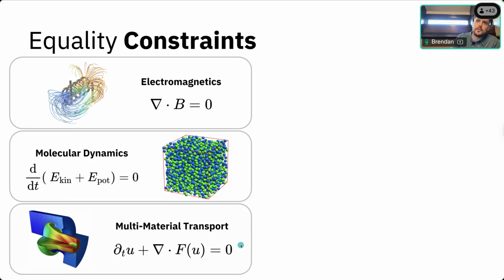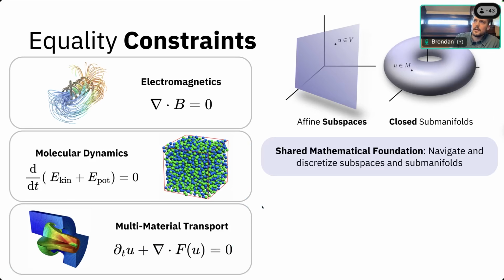But in each of these different problems or classes of problems, and there are many more, we're enforcing some sort of equality condition or equality constraint. From the very highest level, for a lot of these constraints, not all of them, we have some ambient function space, and we need to lie on some subspace of that function space. The Galerkin method is perfectly well suited for doing this because it's an approximation scheme based on subspaces.